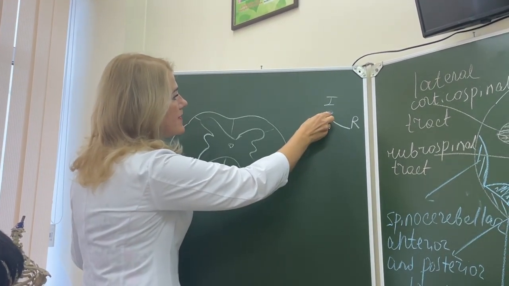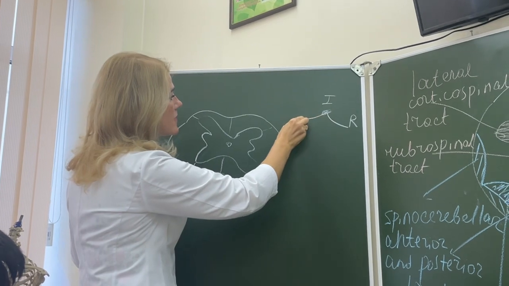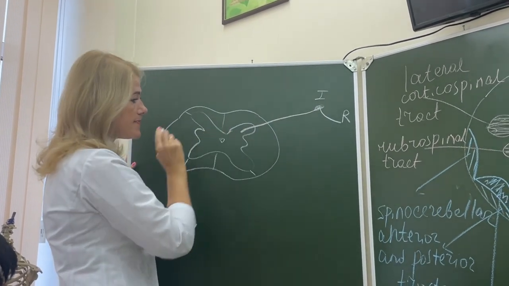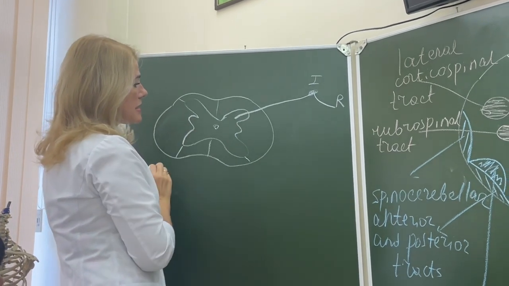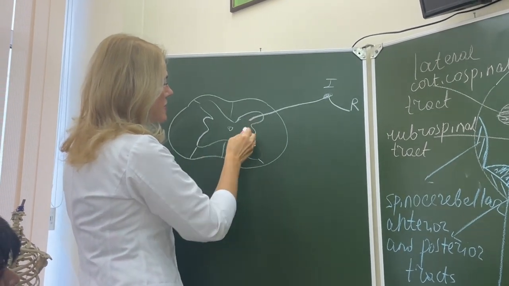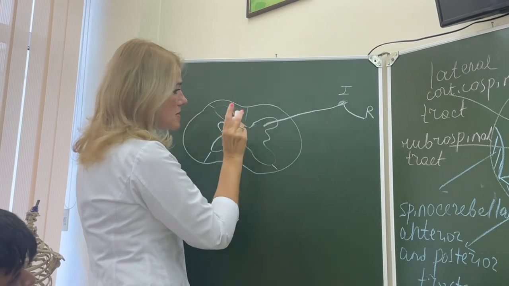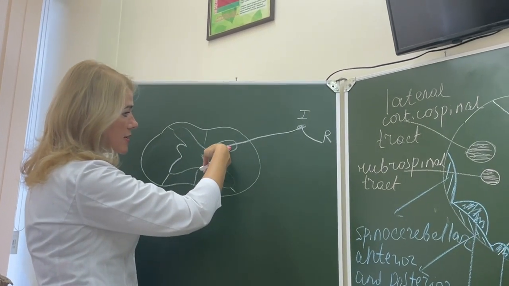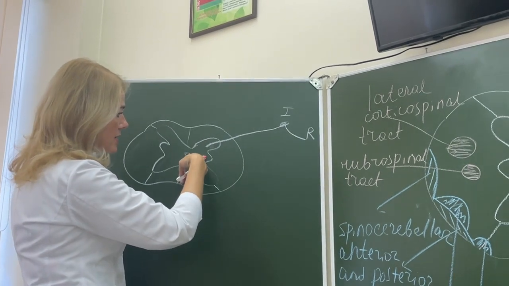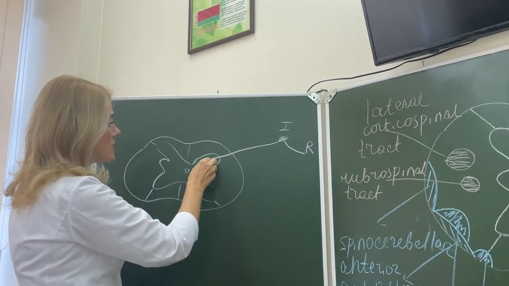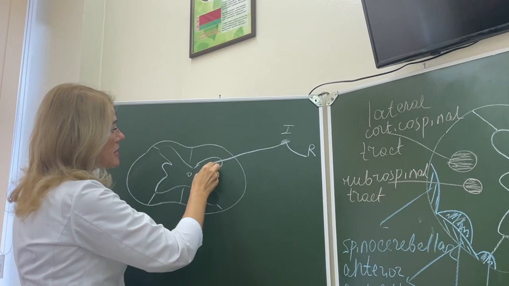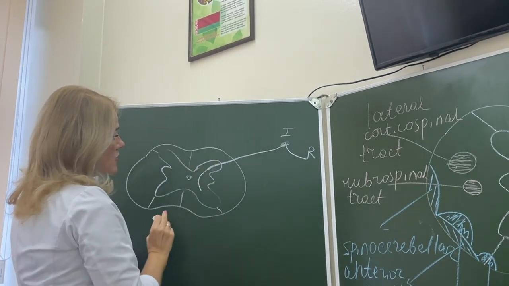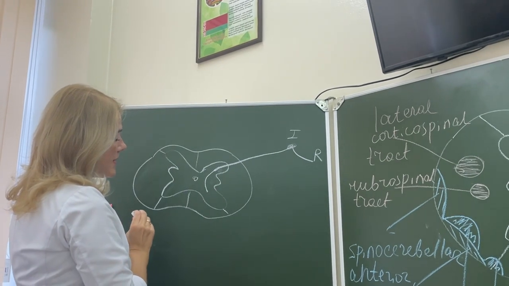From the body, the axon is formed. It goes towards the gray matter, and it will be terminated by both types of neurons, the posterior or the intermediate neurons of the lateral horn. This is the first neuron's termination here.